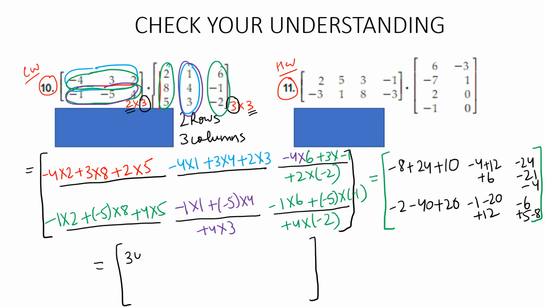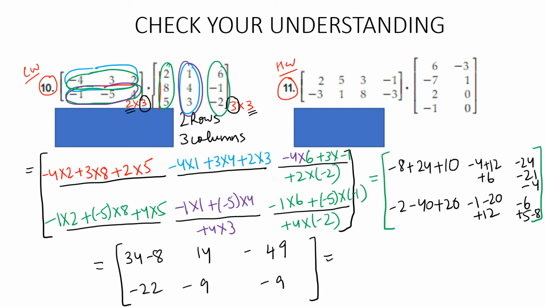So the first element, 34 minus 8. Next one, negative 2, negative 20, negative 22. This is 18 minus 4, 14. This is negative 9. This one is negative 9, 4, negative 49. This is negative 9 again.